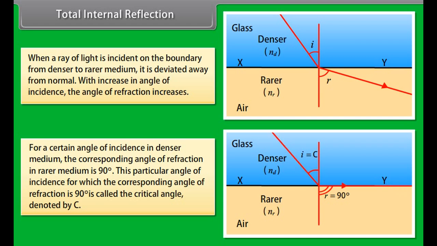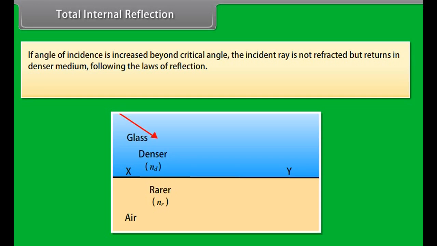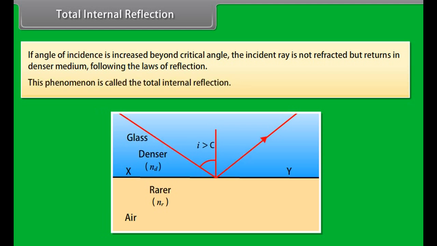This particular angle of incidence is called the critical angle, denoted by C. If the angle of incidence is increased beyond the critical angle, the incident ray is not refracted but returns into the denser medium following the laws of reflection. This phenomenon is called total internal reflection.